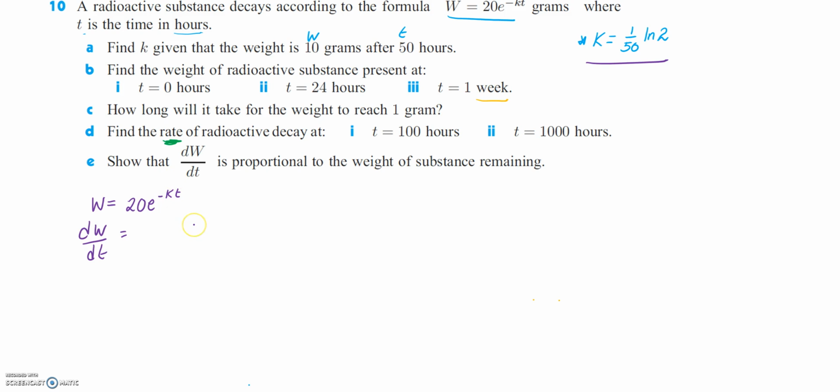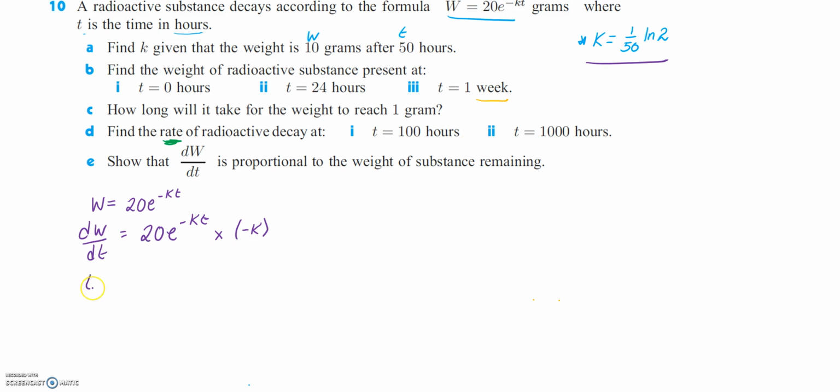So we differentiate, and remember the rule is we write the function down, so 20e to the minus kt, and then we multiply by the derivative of what's up here. Now remember, k is a constant, so the derivative will just be minus k, because if you had minus 2t, the derivative would just be minus 2. Find the rate at 100 hours.